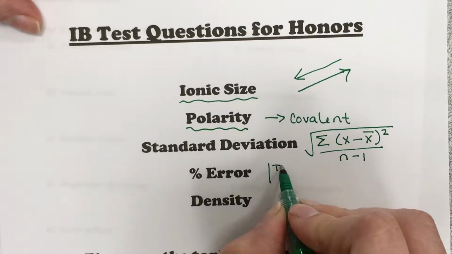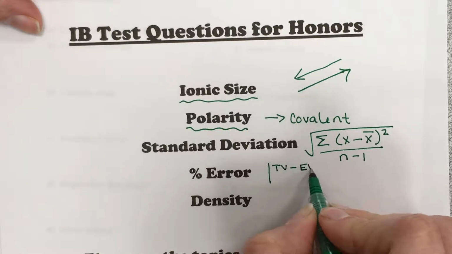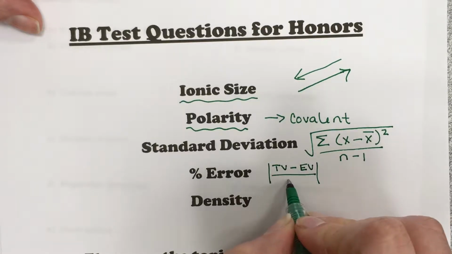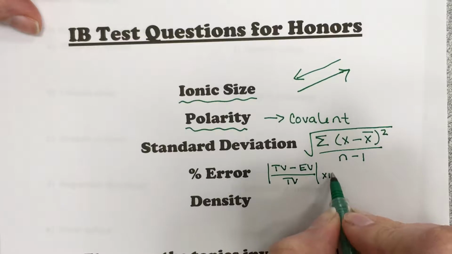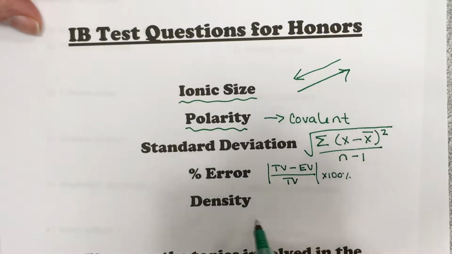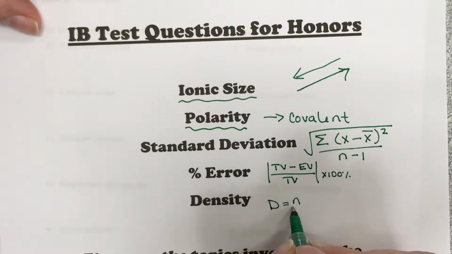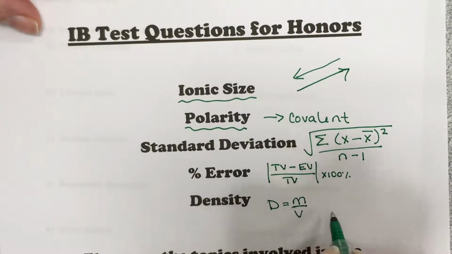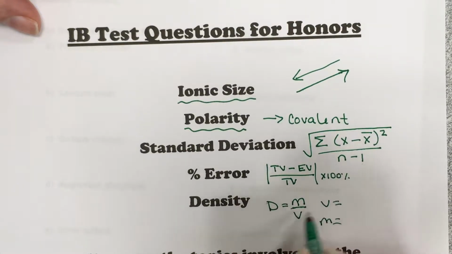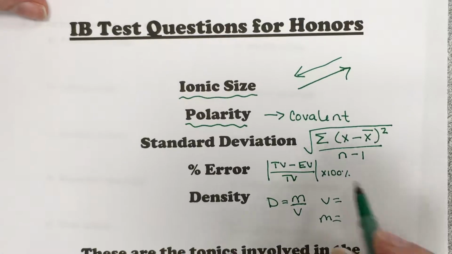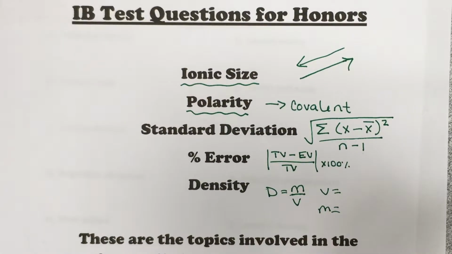That one is your theoretical value minus experimental value, all over theoretical value, times 100%. Okay, density, you need to be able to calculate density, be able to manipulate that equation. Remember, density equals mass over volume. Be able to solve for volume, be able to solve for mass, be able to manipulate this around, and know the overall concept of it.